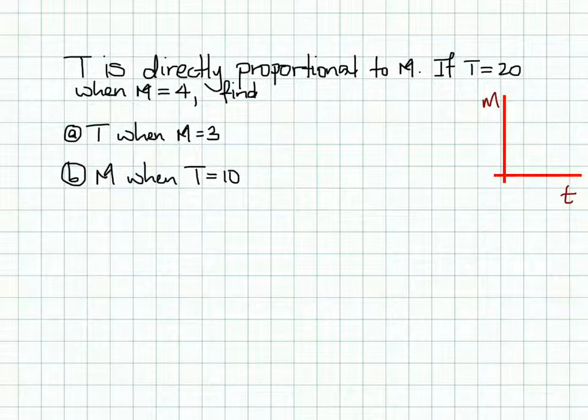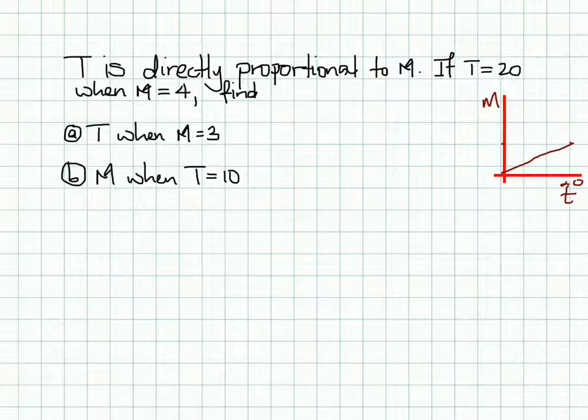It says that when T is equal to 20, M is going to be 4 at that same time. So we're going to have a straight line that looks like that. And what I want to know is the gradient of that line. How quickly is that line going up? And that's what my k is. So let's jump straight into it. T is 20 when M is 4.